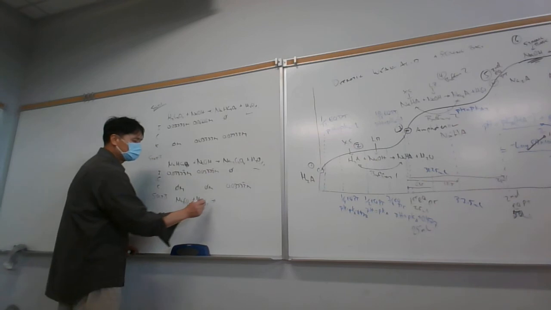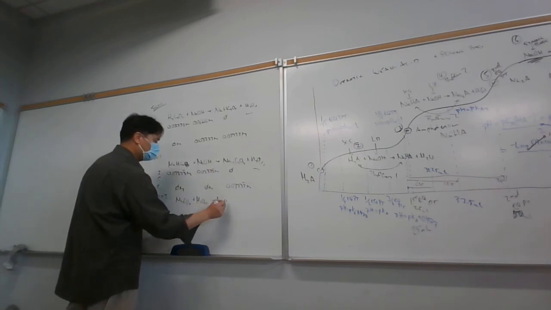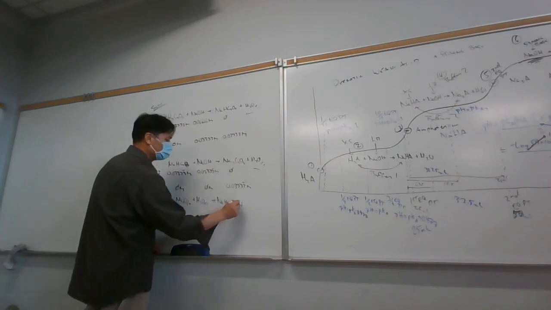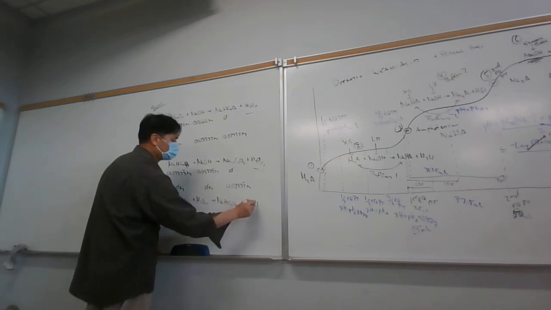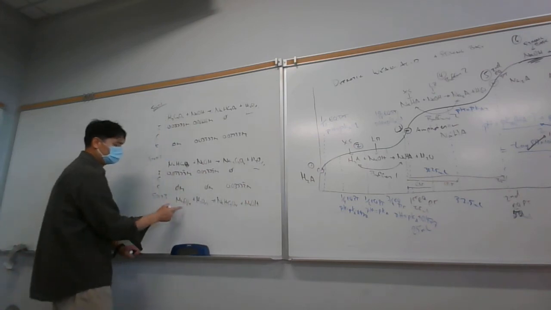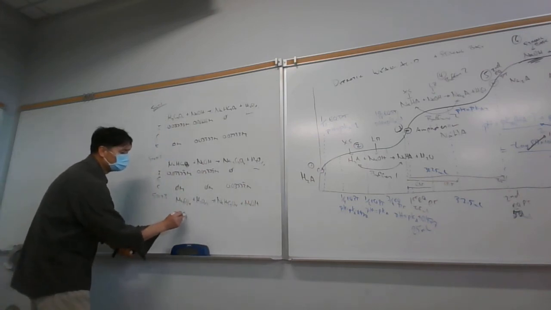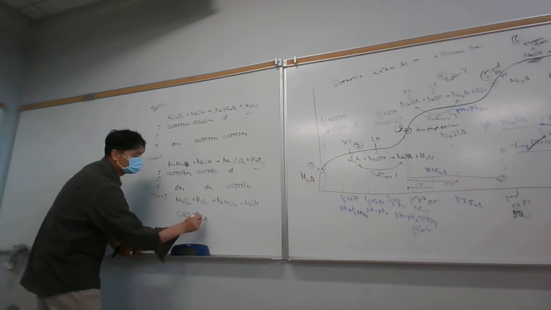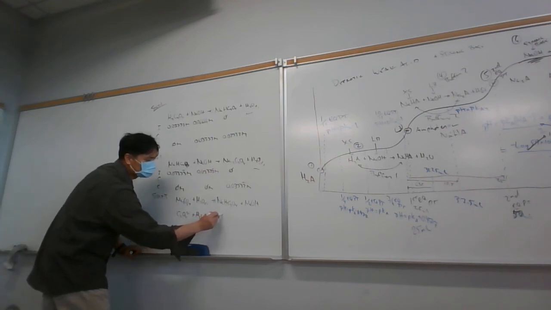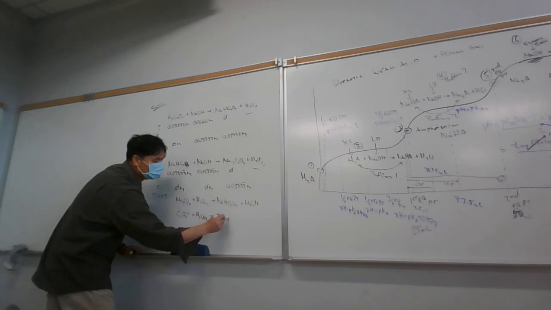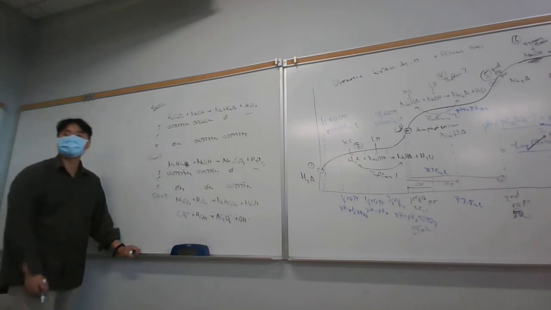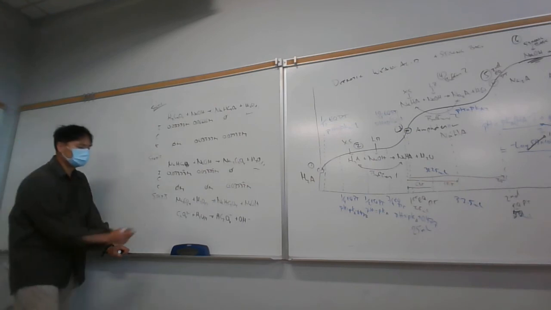So Kb1 is going to produce sodium hydrogen oxalate and sodium hydroxide. I probably should have just done it now. C2O4 2 minus plus H2O liquid. Get rid of the sodium because sodium is just a speck here. Gives us HC2O4 minus plus OH minus. That's Kb1. What's the initial concentration?